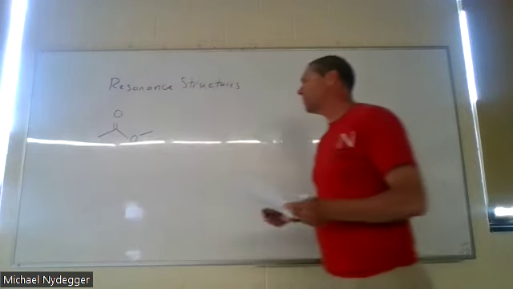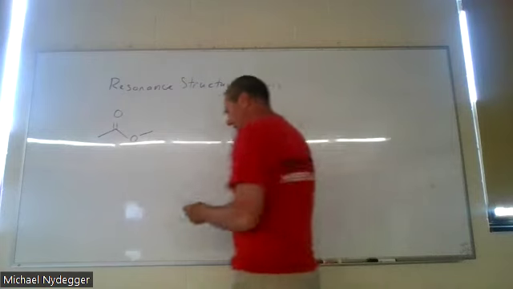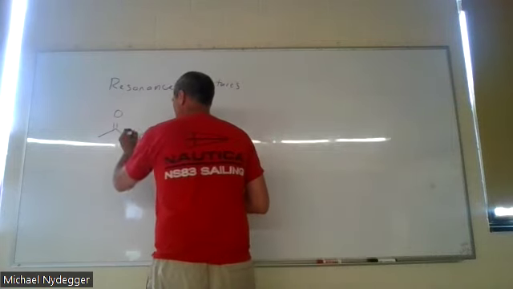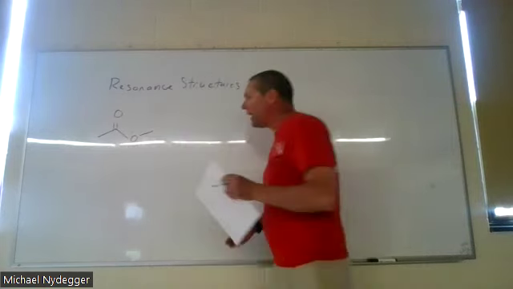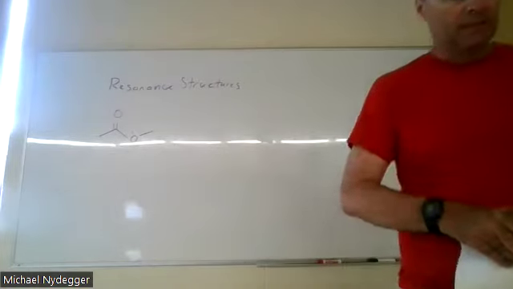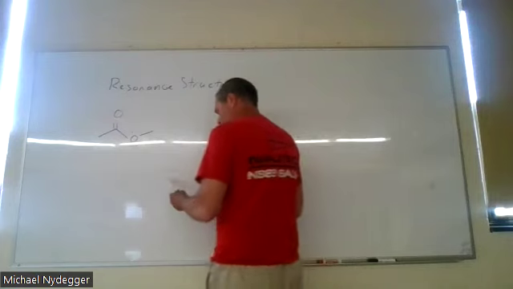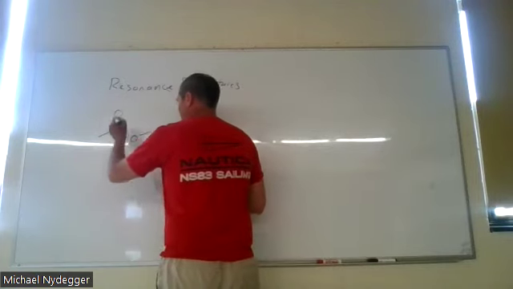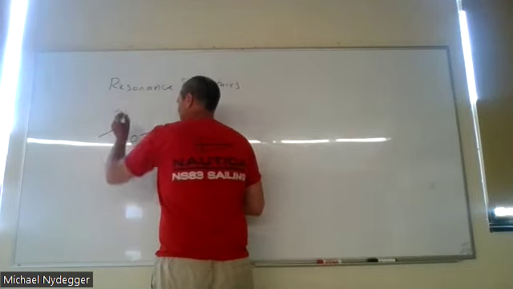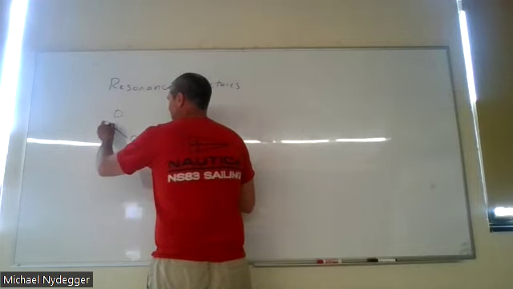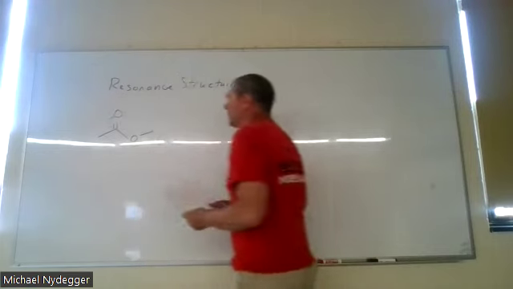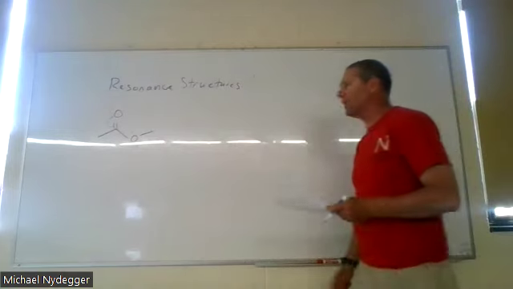This functional group is called an ester. What can happen here is we could take one of these lone pair electrons, and a double bond can come up to there. It can do that because that oxygen is very electronegative.